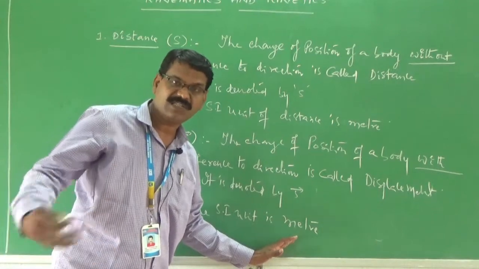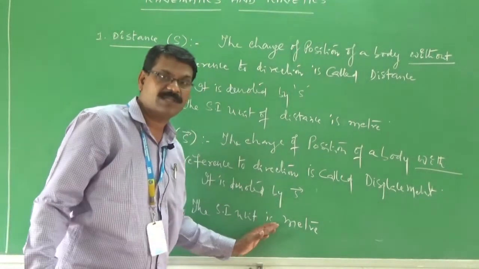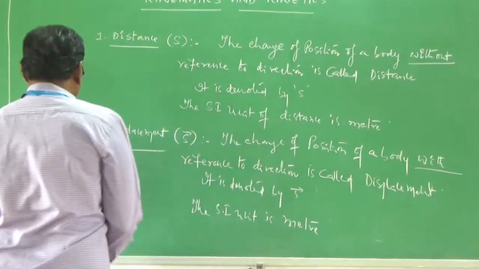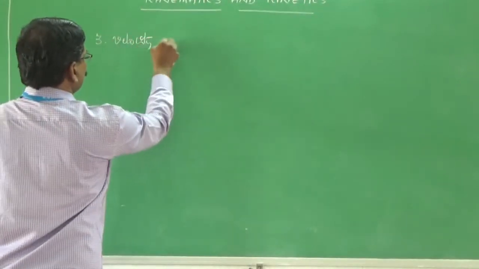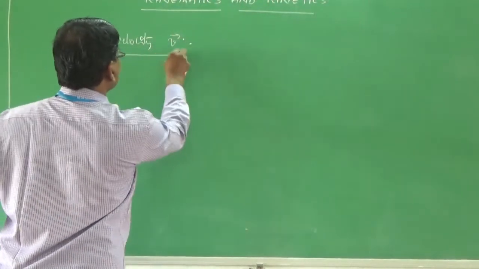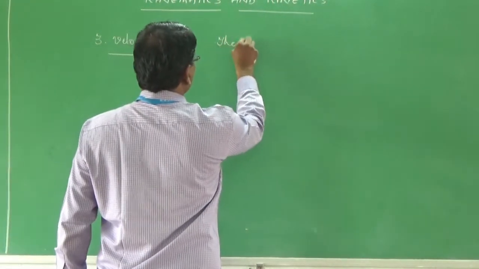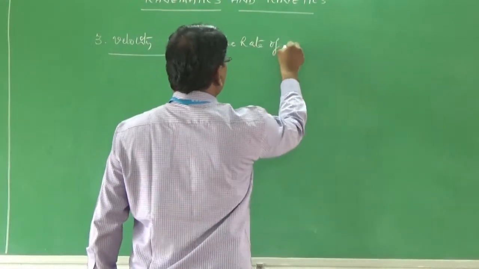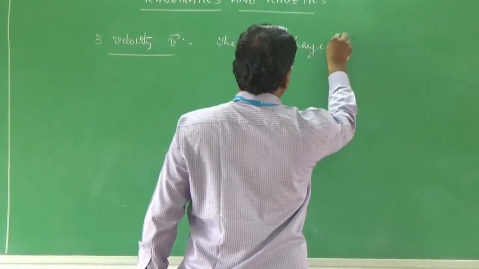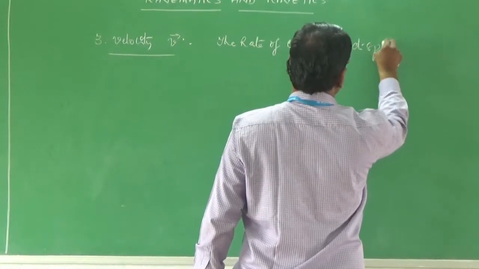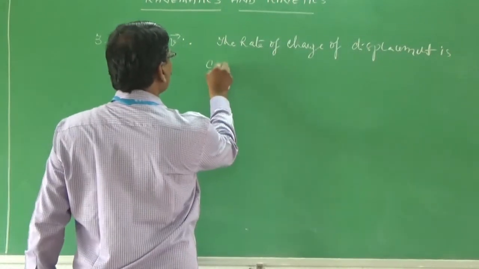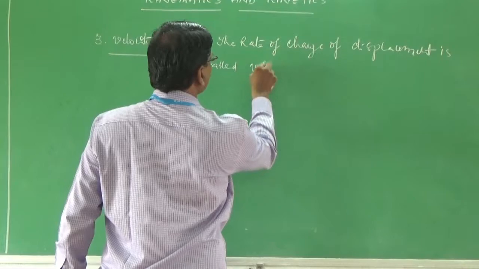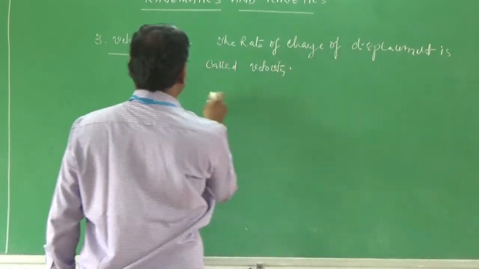The next definition in explaining the kinematics of a body is velocity. Let us see this. The third definition is velocity. It is denoted by V bar. The rate of change of displacement is called velocity.